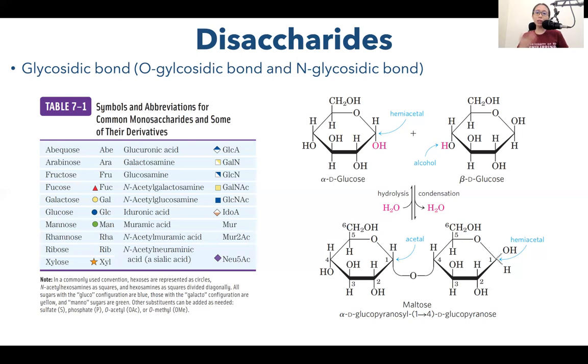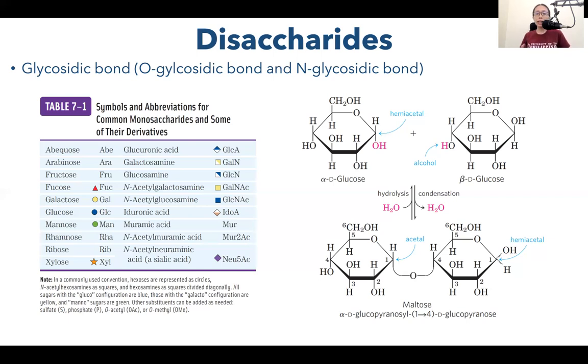In the N-glycosidic bond, you have the nitrogenous base attached to your ribose or deoxyribose. So their attachment is via a nitrogen atom instead of an oxygen atom. So that is your N-glycosidic bond.